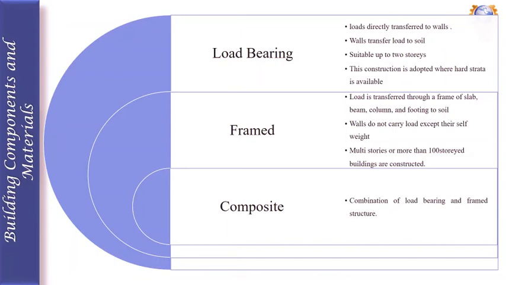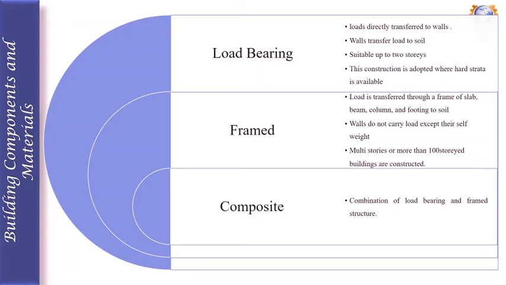If we go beyond 2 stories, the structure cannot be stable. So you have to go with the framed structure or composite structure. This construction is adopted where hard strata is available. Okay, this is a load bearing structure.